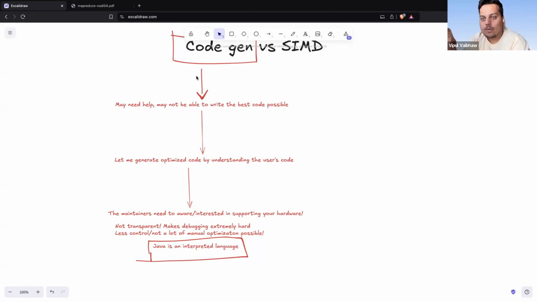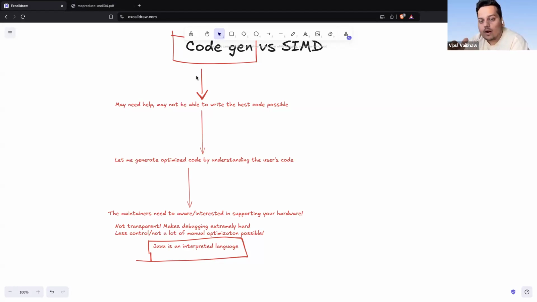You cannot have manual optimizations because whatever you do, there is some macro working somewhere doing changes with your code. So you don't have complete ownership of your code. The granular control for optimizations is just not possible with the code generation approach, because the compiler thinks that it is smarter than you, or the maintainers think that it is.